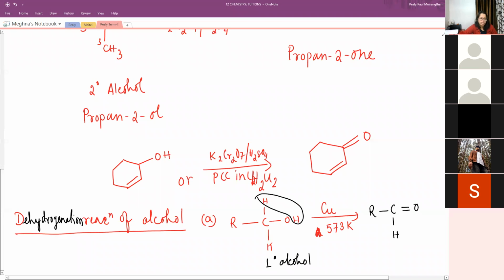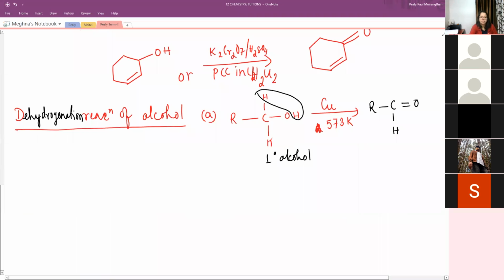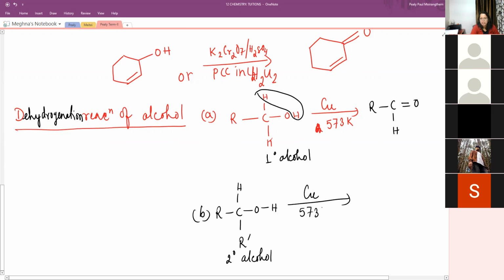Similarly, if I take 2 degree alcohol, then what will happen? Anyone? Rupam, what will happen if it is 2 degree alcohol?